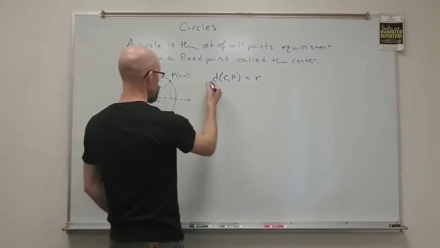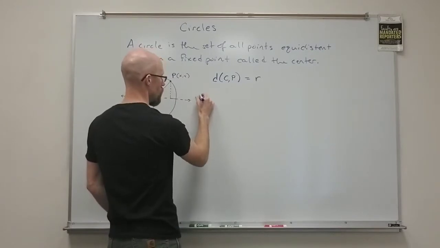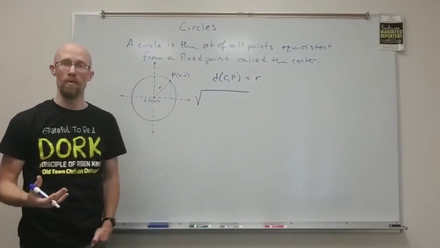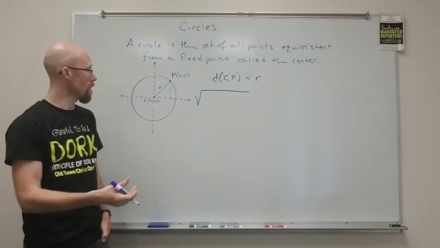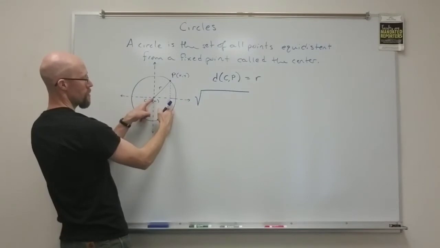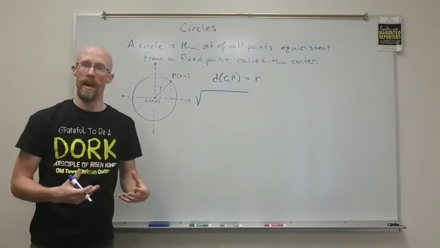And so to find that hypotenuse, the longer of the sides in the Pythagorean theorem, you take the square root of the sum of the 2 squares. You take the x distance squared and the y distance squared, add them together.